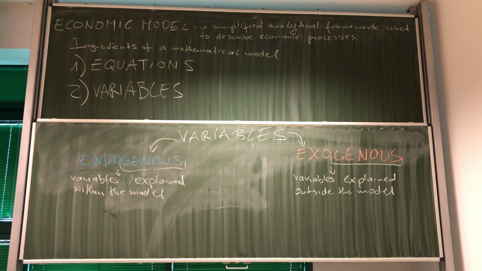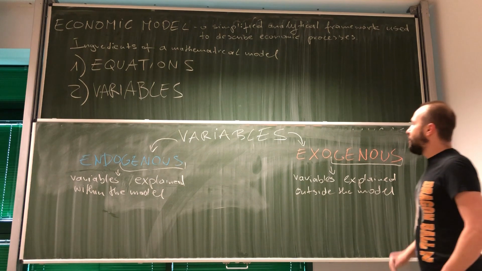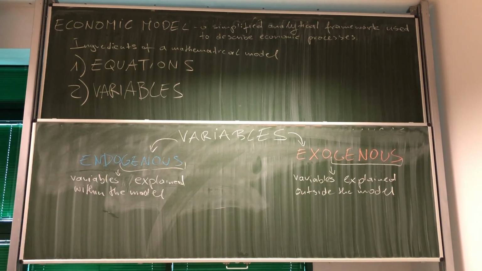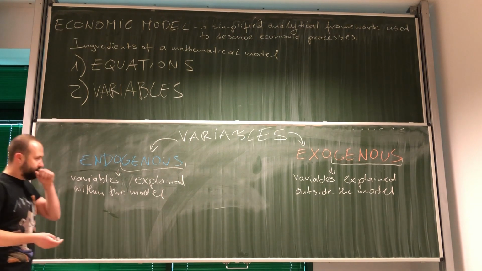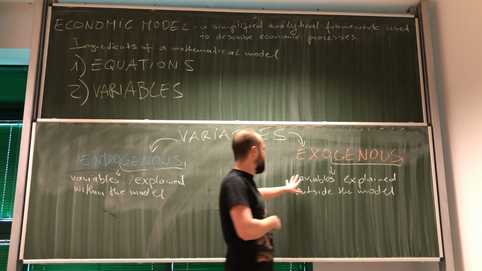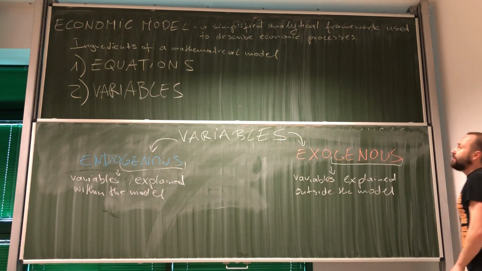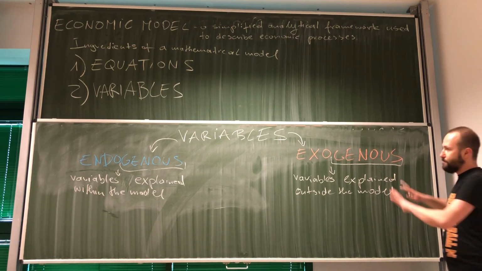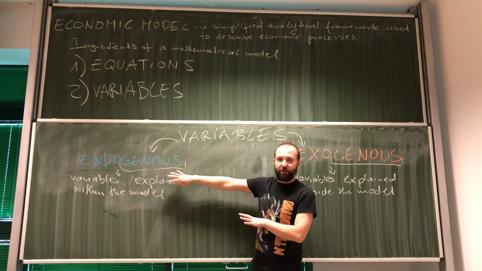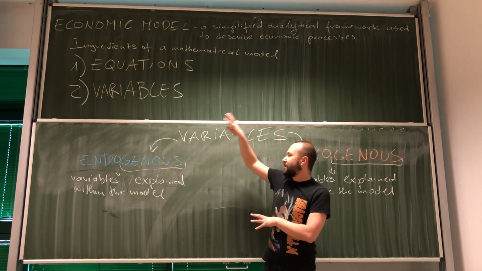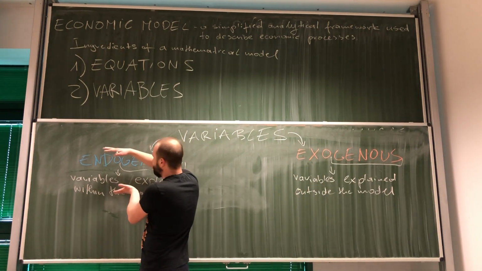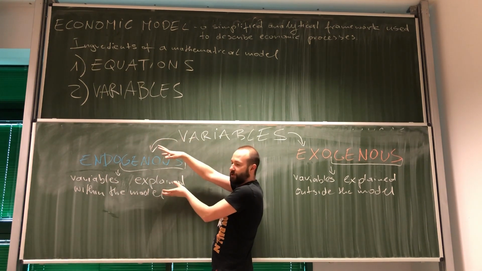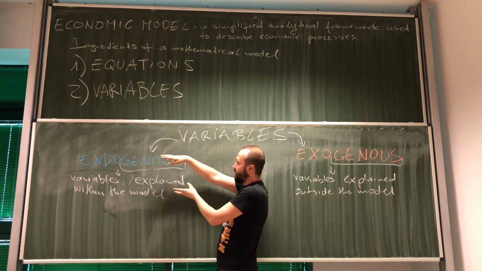Generally, if we are going to build an economic model, we are going to have different sets of variables. The endogenous variables are the variables that we are actually going to describe with the model, so how they are behaving.